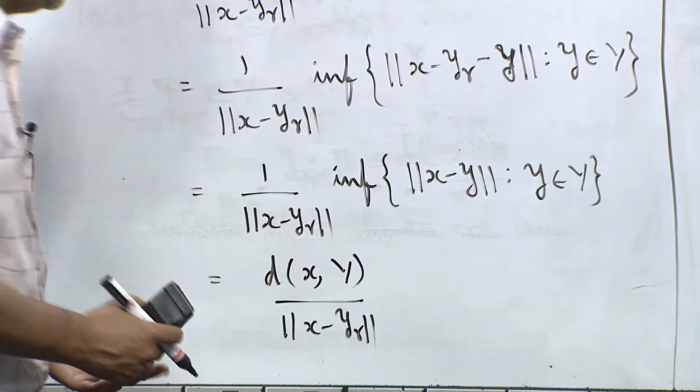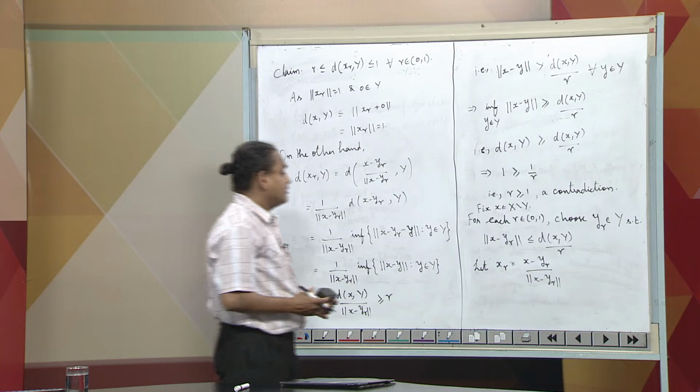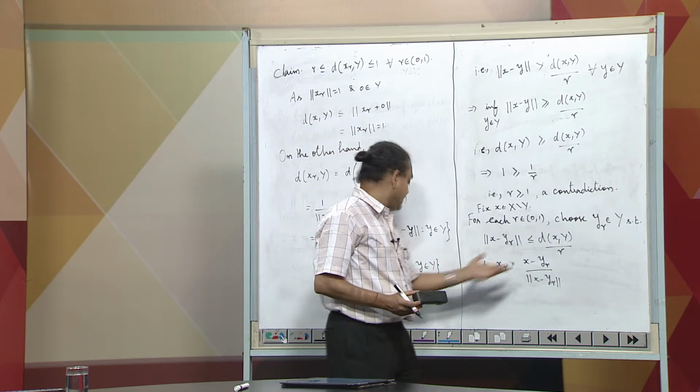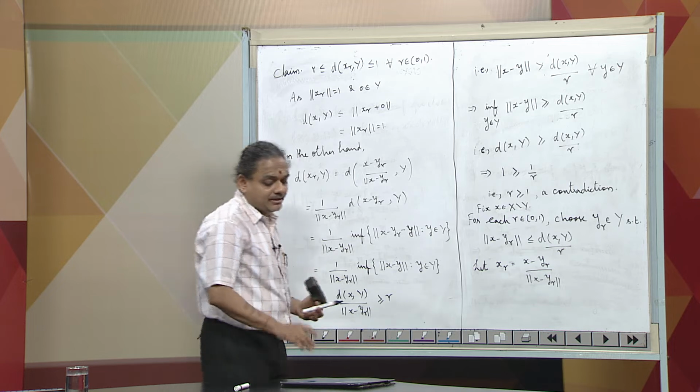So, this is going to be bigger than or equal to R. The way we have chosen our YR tells us that this inequality is true, and hence we are done.